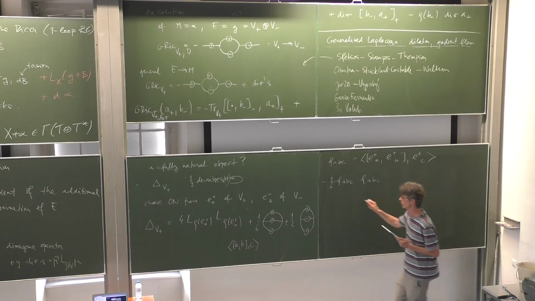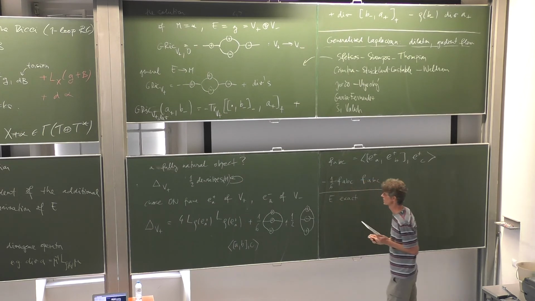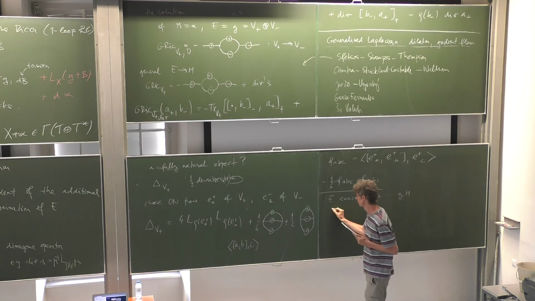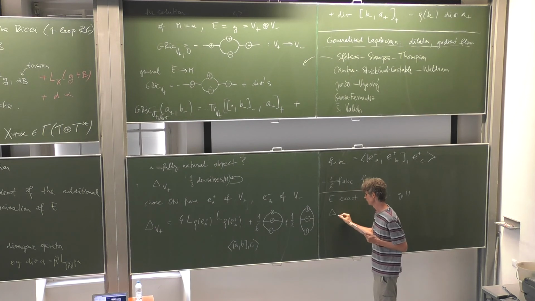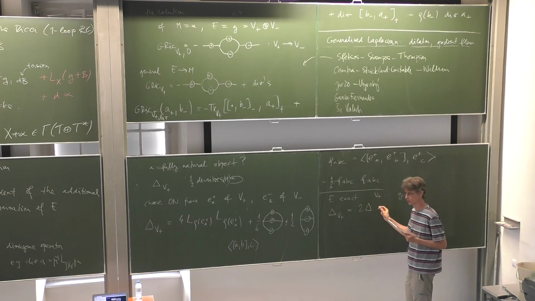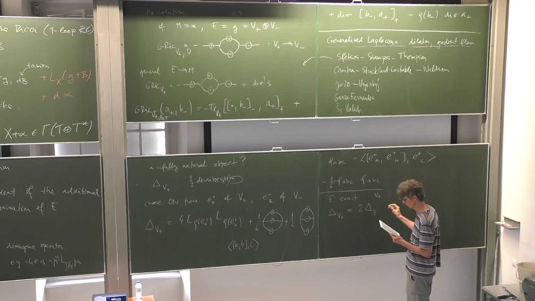And okay, so what are some basic properties? Say if E is exact, so meaning that this V plus corresponds to some G and H, then it's a thing which is quite recognizable in string theory, which looks like 2 times the ordinary Laplacian given by the metric G, and then there is some function.